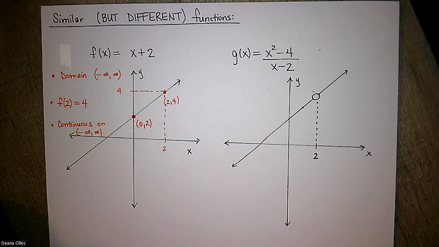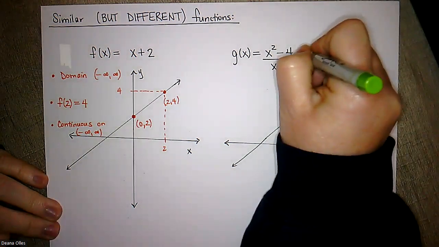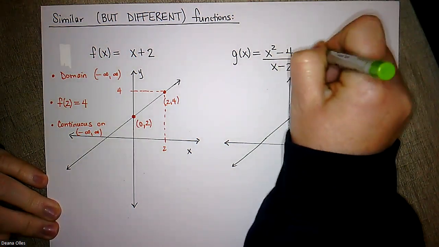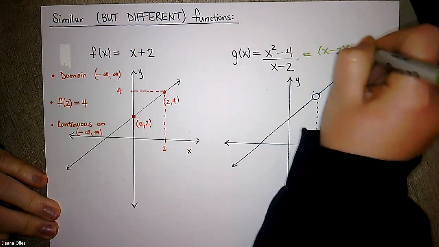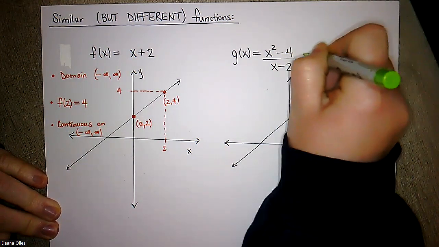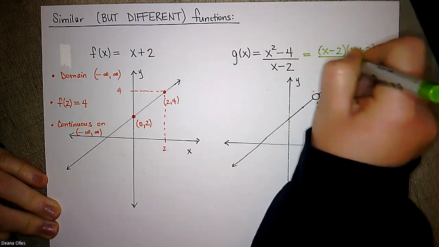Now we're going to come over to the other function, and I'm going to do a little bit of work up here actually. I'm going to go ahead and factor that numerator, and I notice that the numerator factors into x minus 2 times x plus 2.